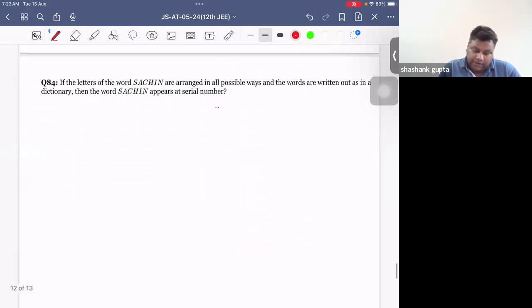Now, another question is, if the letters of the word Sachin are arranged in all possible ways and words are written out as in a dictionary, the word Sachin appears in. Now see, as such, it is a simple question, but there's a strategy. First of all, write all the letters of SACHIN in their alphabetical order.